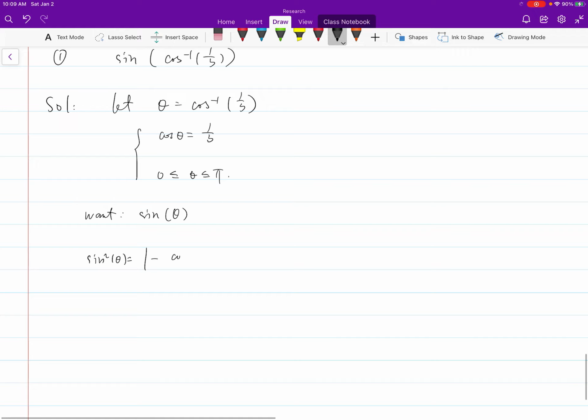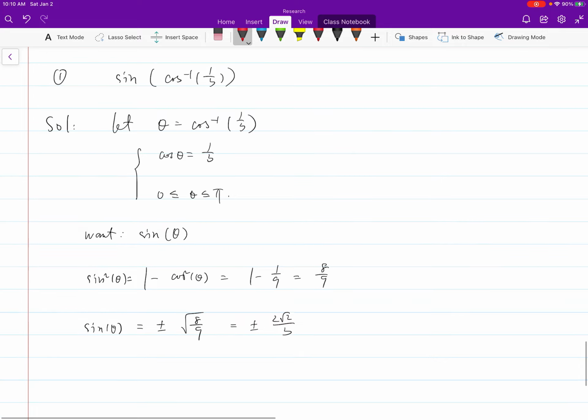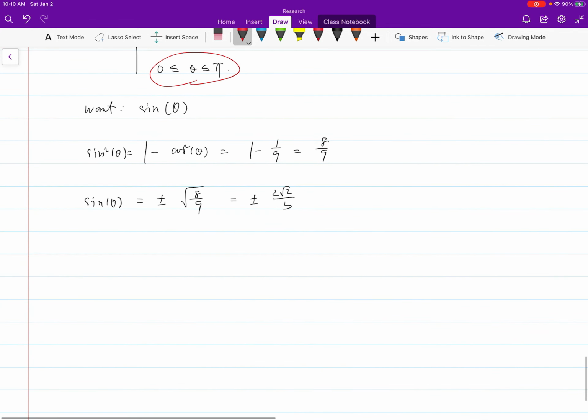Okay, this is something old we had done before, so I will just do it quickly. If cosine theta is 1/3, sine squared theta is 1 minus cosine squared theta. Therefore, sine theta equals plus or minus the square root.